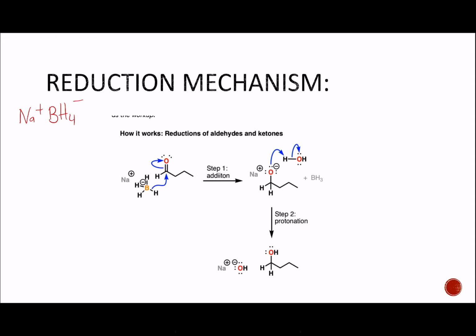And so the idea is that boron has 1, 2, 3 valence electrons. If boron is to connect and satisfy all of its valence electrons, it would connect to 3 hydrogens because it only has 3 valence electrons.